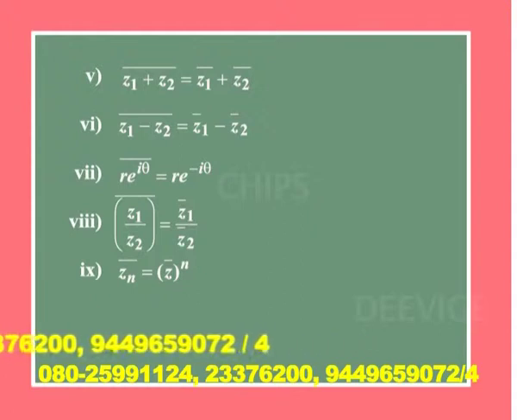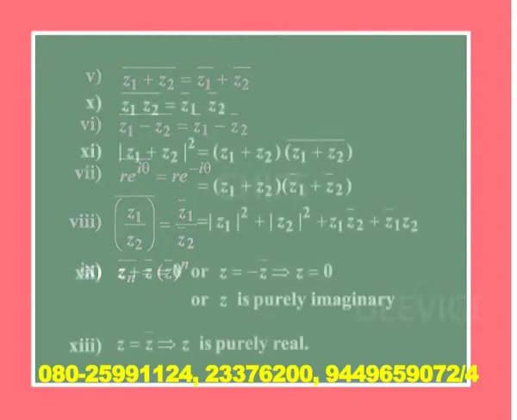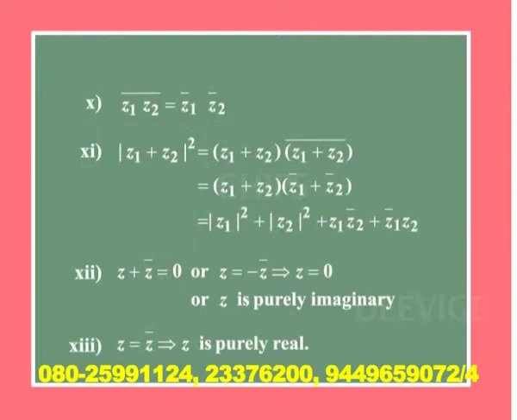Z power n whole bar is equal to Z bar power n. Z1 Z2 whole bar is equal to Z1 bar into Z2 bar.